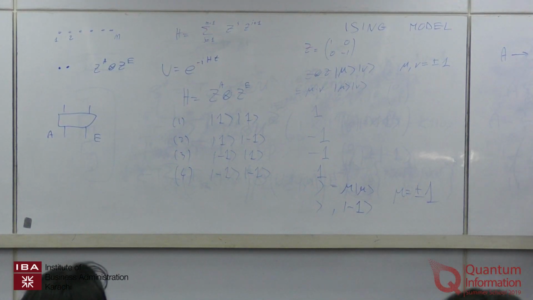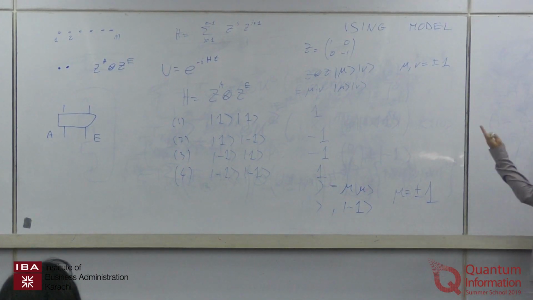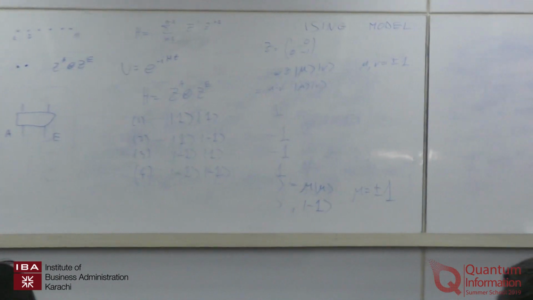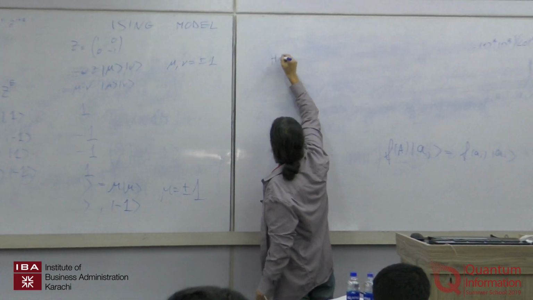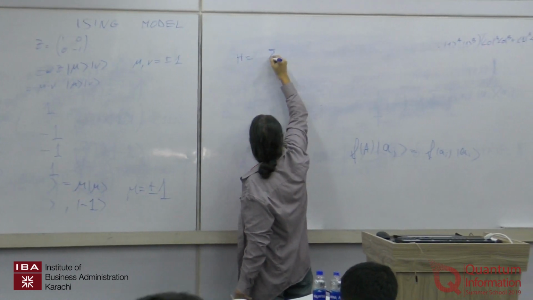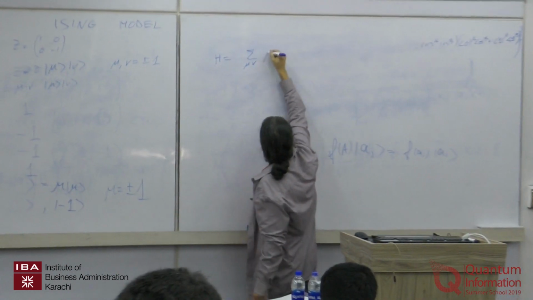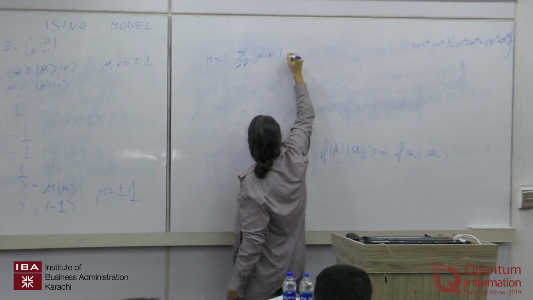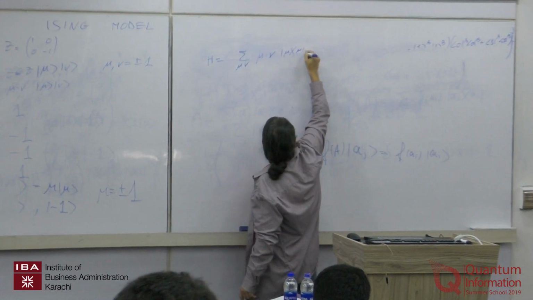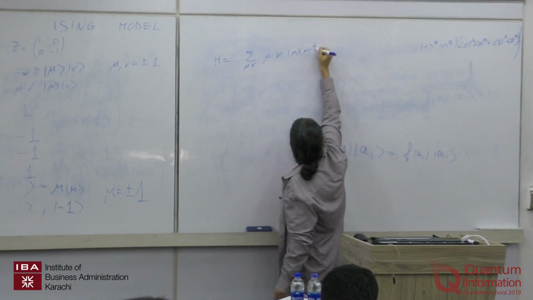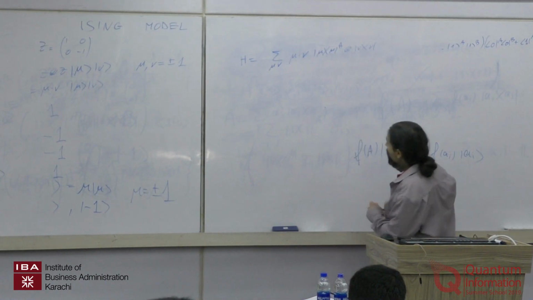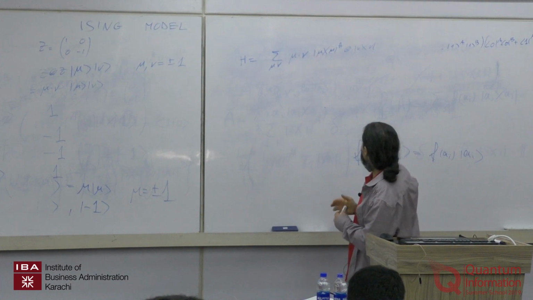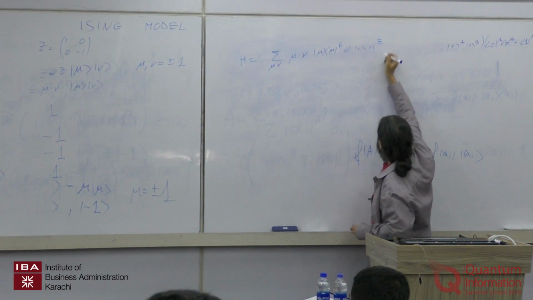So this means our Hamiltonian in its diagonal basis, which is already written in diagonal basis, but explicitly, H is equal to the sum over mu and nu of mu times nu, projector on mu times projector on nu. That's how you write the Hamiltonian in diagonal basis.